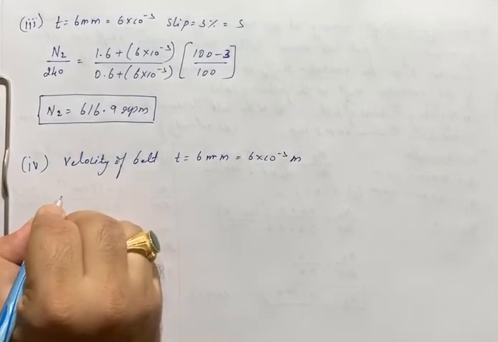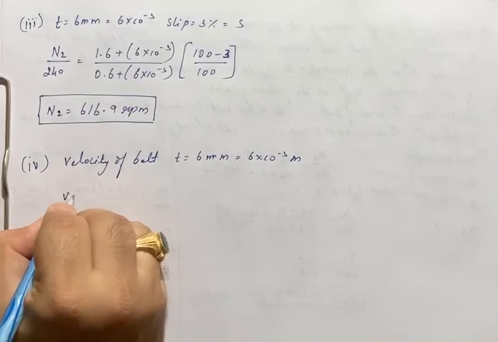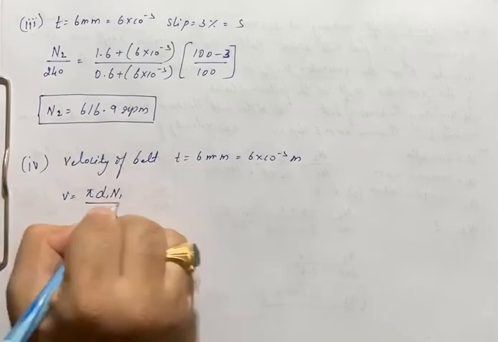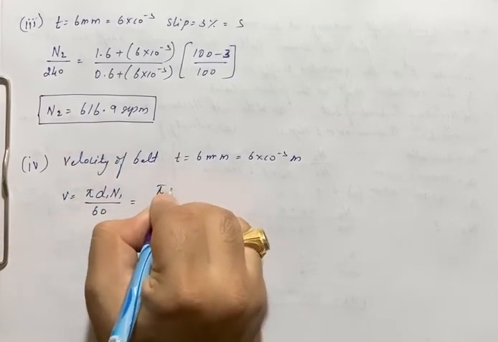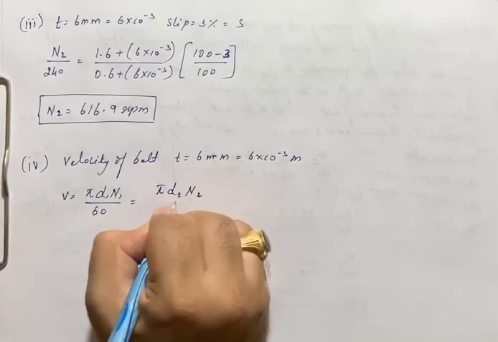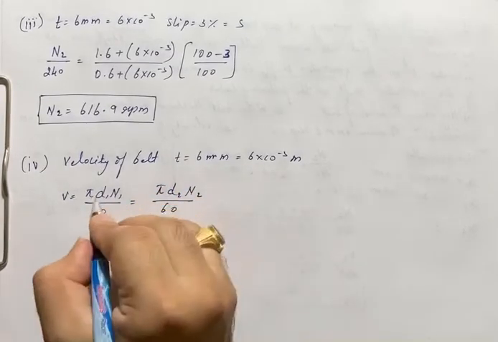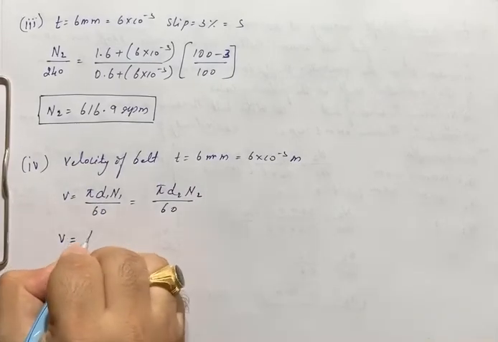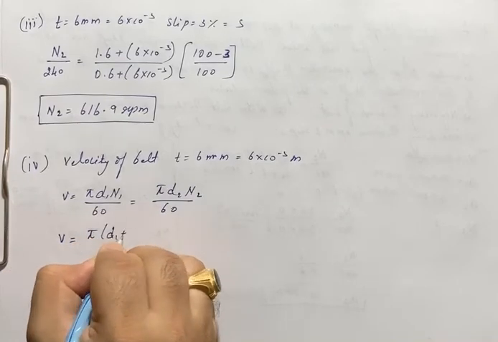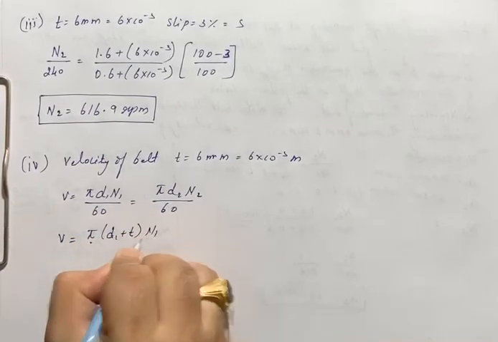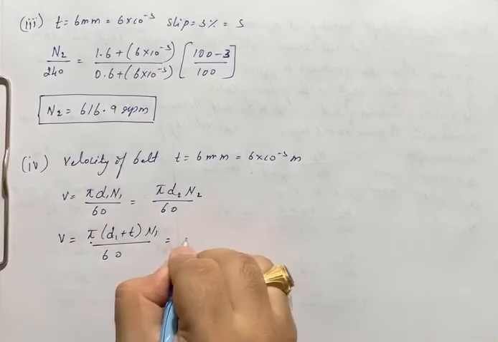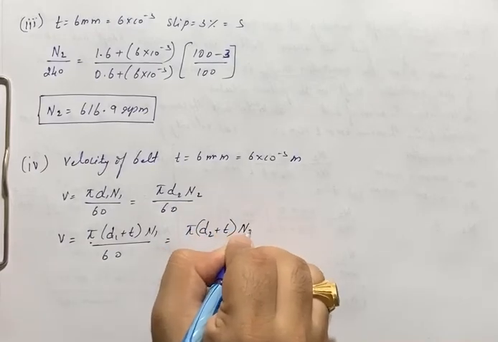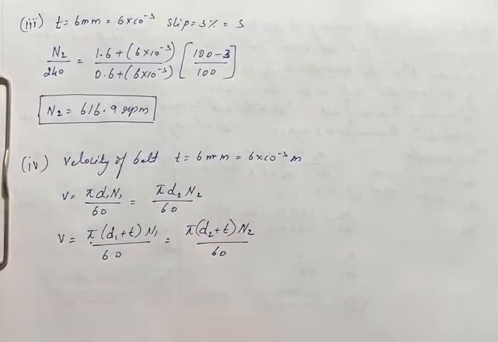So velocity V is equal to pi D1 N1 divided by 60, equal to pi D2 N2 divided by 60. But here I cannot take D directly. I can write the velocity as pi into D1 plus T into N1 divided by 60, or pi into D2 plus T into N2 divided by 60.